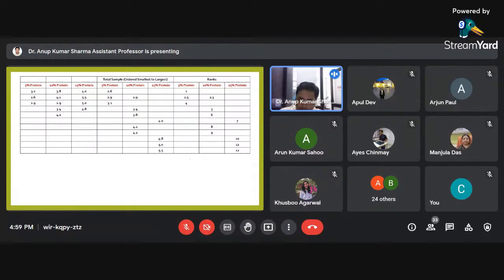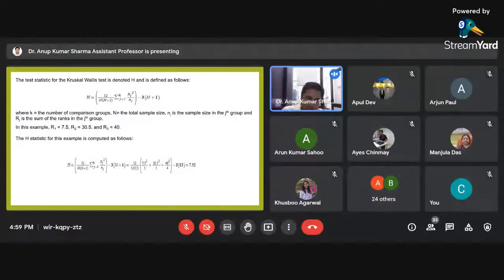We can also find the sum of ranks because it is needed in this testing. The Kruskal-Wallis statistic is represented by H and defined as H equals 12 upon N into N plus 1, where capital N is the total sample size, times the summation of the squared rank sums divided by the corresponding sample sizes, minus 3 into N plus 1.